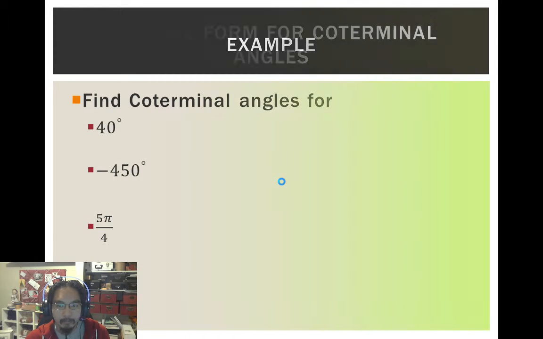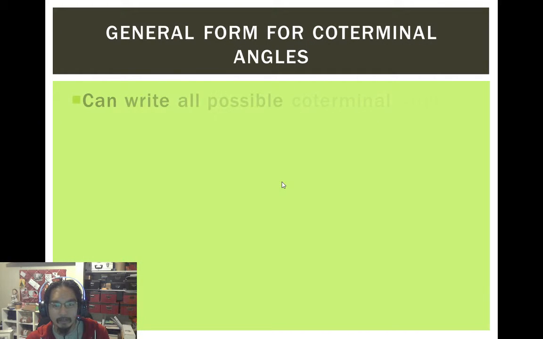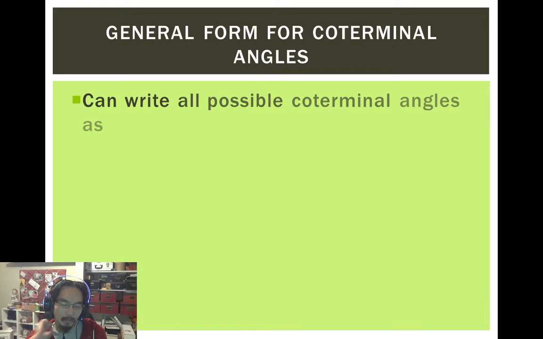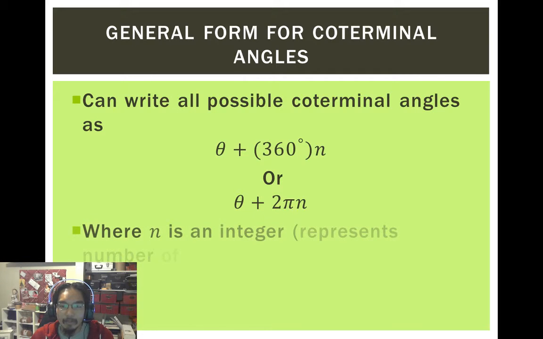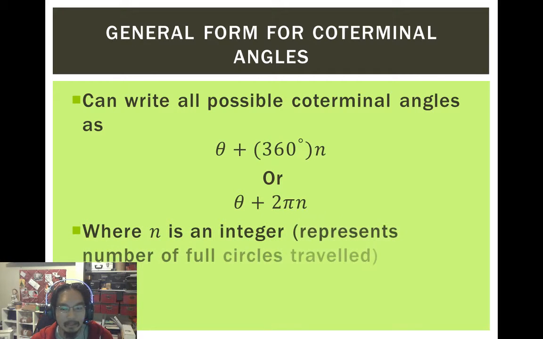Okay, now, as I mentioned earlier, unless you restrict the range of the angle, you can't possibly write all the possible coterminal angles, because there's just an infinite number of them. So, rather than writing each individual coterminal angle, we use an equation. And the equation is as follows.